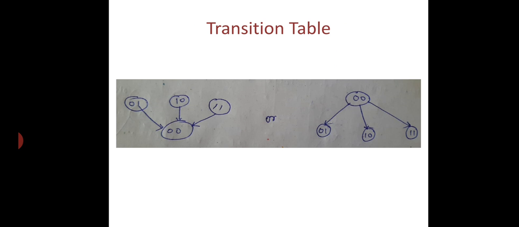For example, as shown in this slide, sometimes it may happen that your state 0, 1, 1, 0 or 1, 1 may reach a 0, 0 state after a certain input. Then you can show this particular state in this transition table as shown in this slide.